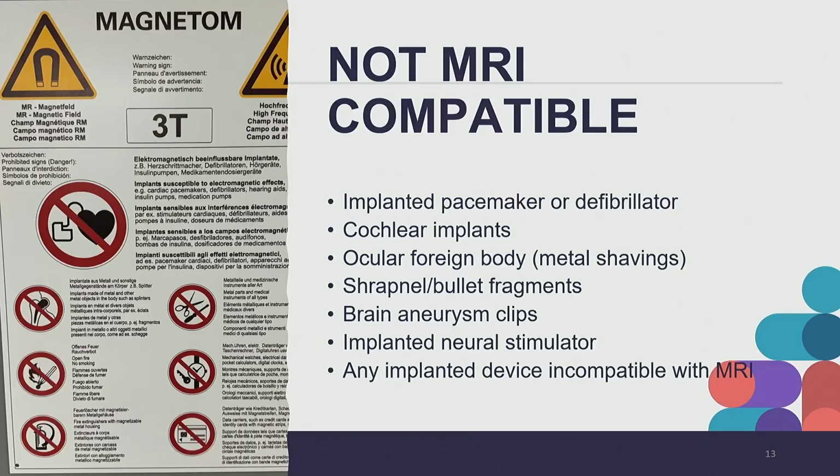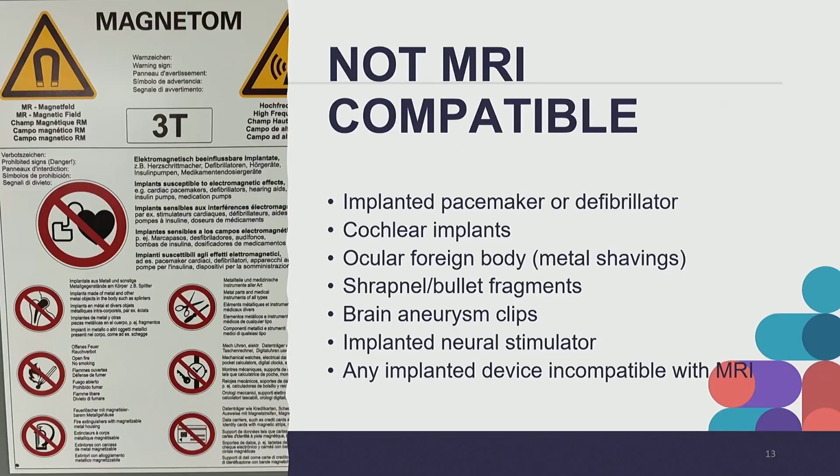So then we talk about things that are MRI compatible or not compatible, and you'll see this is the sign actually from our MRI suite. So things that are generally not MRI compatible are implanted pacemakers or defibrillators. Some of them, the manufacturers are moving to make them compatible, but they're not all there yet, so you have to check.